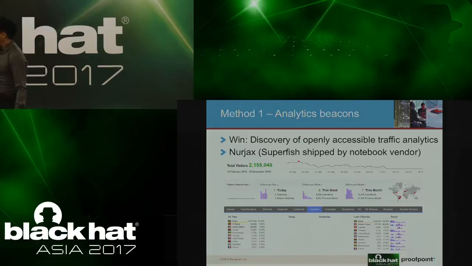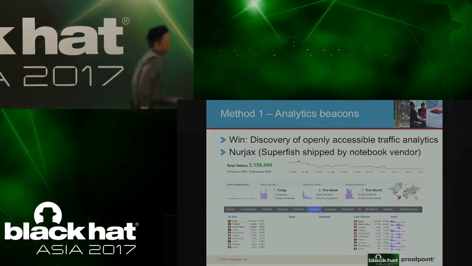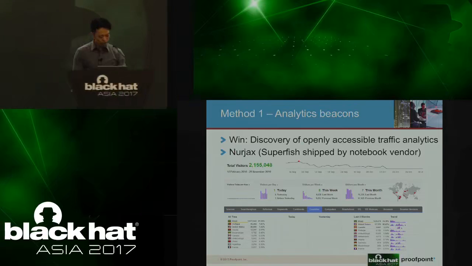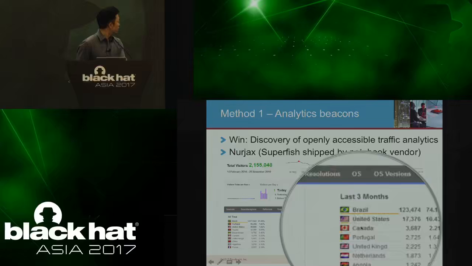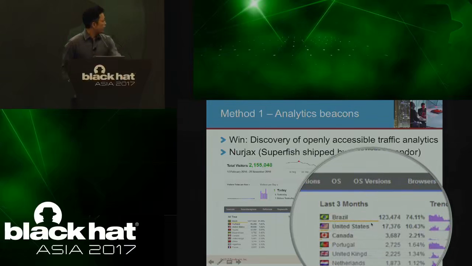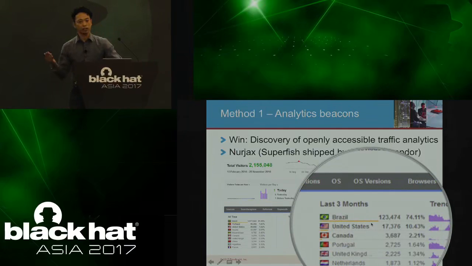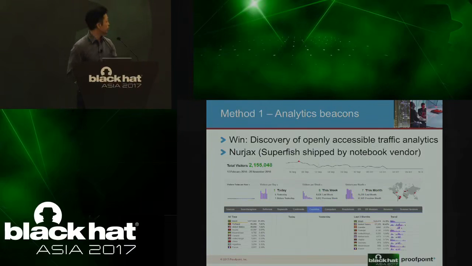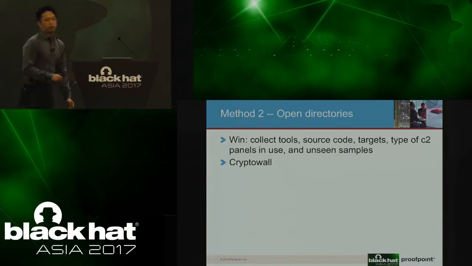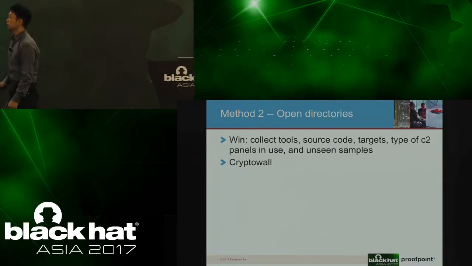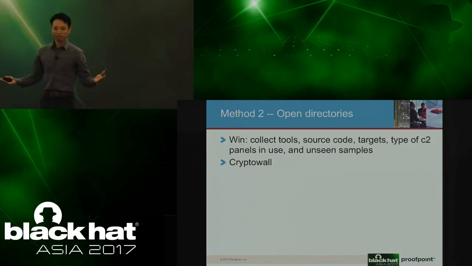And from the analytics page, which is openly available, we learned that they're actually targeting mostly Brazil out of everything else, and we started our intel collection from that perspective. Okay, so that's beacon analytics.